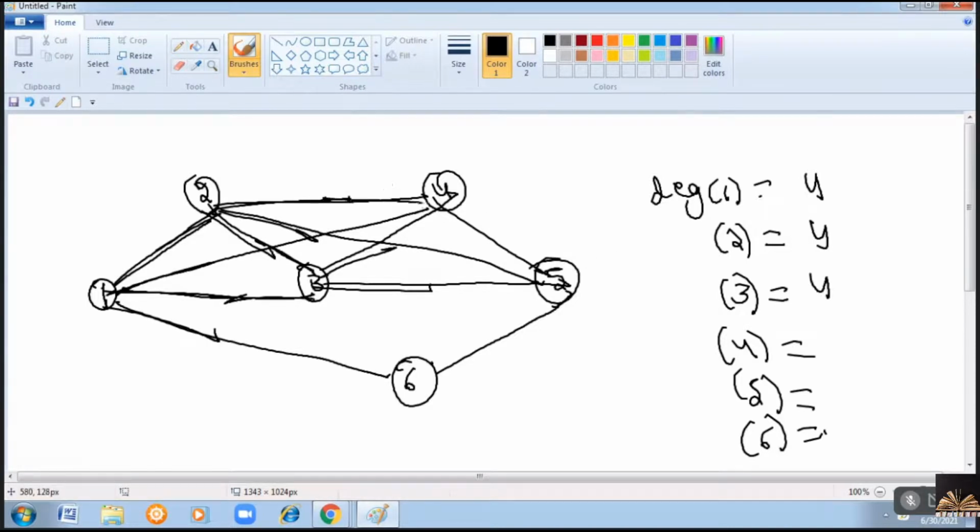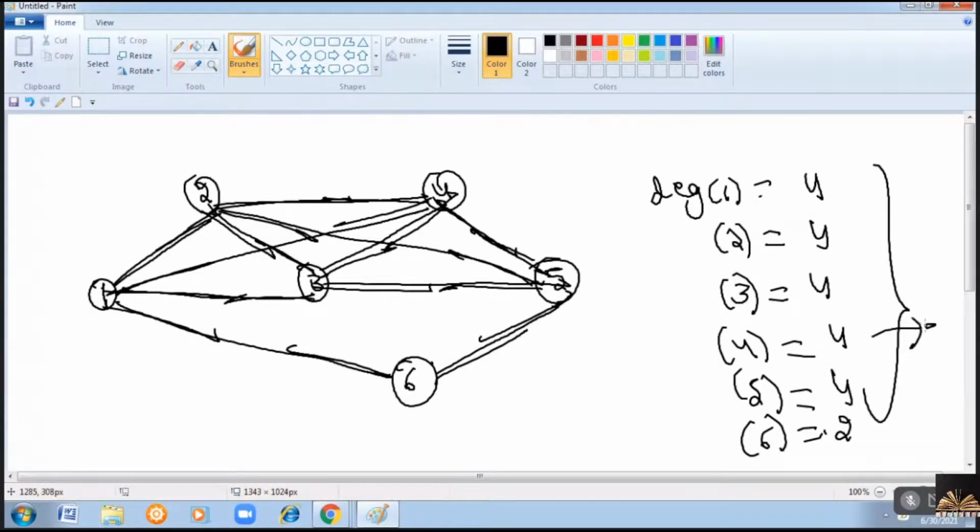Degree of 4: 1, 2, 3, 4. Degree of 5: 1, 2, 3, 4. Degree of 6: 1, 2. So when you observe these numbers, these are all even numbers. Therefore, there exists an Euler circuit and it is a Euler graph.